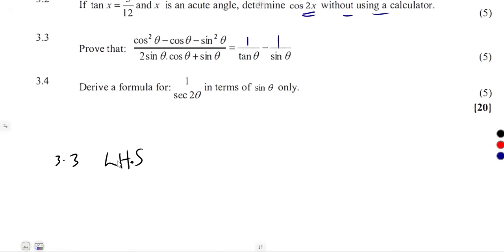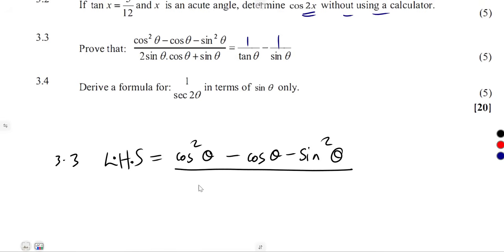On the left hand side, there is this whole part, cos squared of theta minus the cos of theta minus the sine squared of theta, everything over 2 sine of theta, cos of theta plus the sine of theta. It must give us exactly what is on the right hand side.